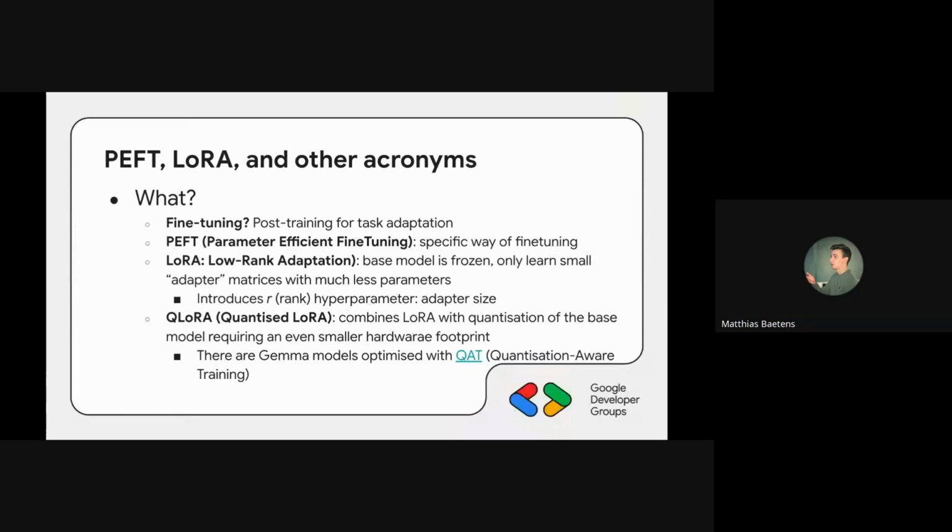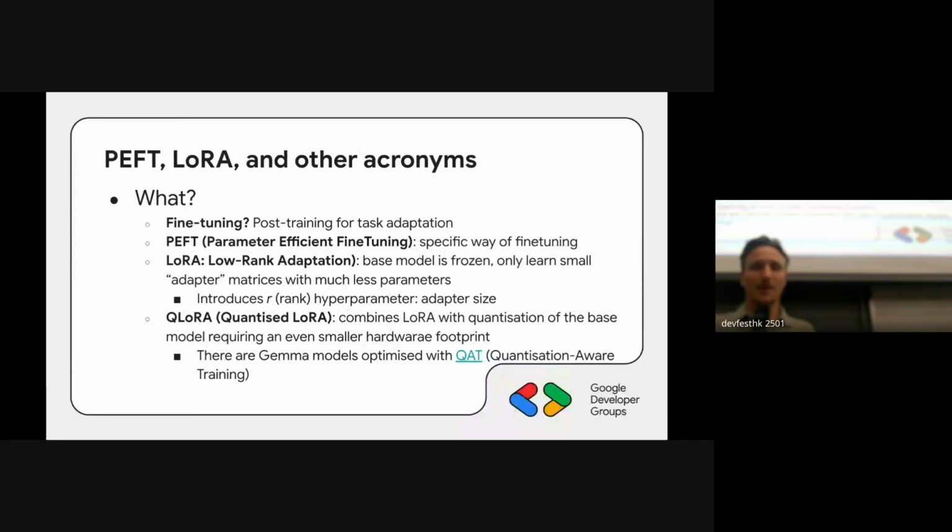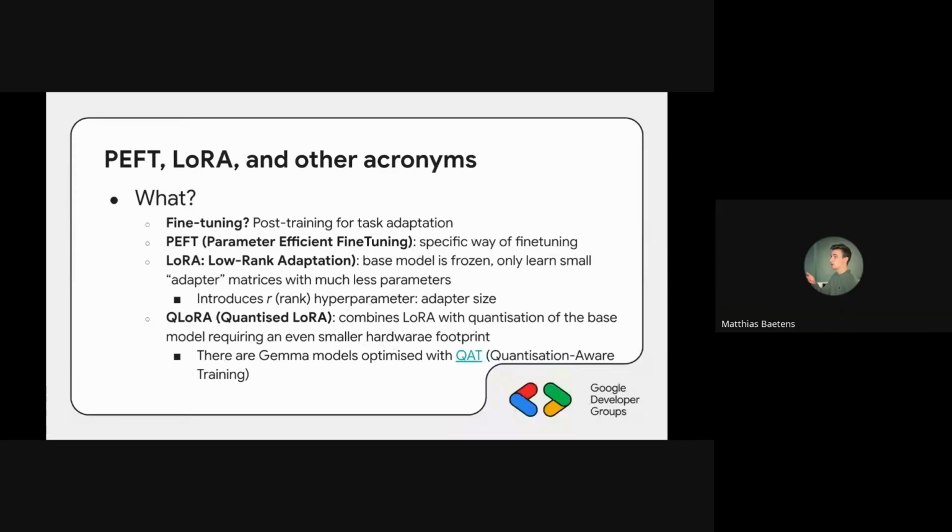In LoRA, you take a certain part of the weights and decompose them into low-rank matrices that then get trained, which is a lot fewer parameters to train compared to the full model. QLoRA basically does the same, but on a quantized model. One interesting thing to note there is that Gemma models also very easily include quantization-aware training, which is really interesting to look into.